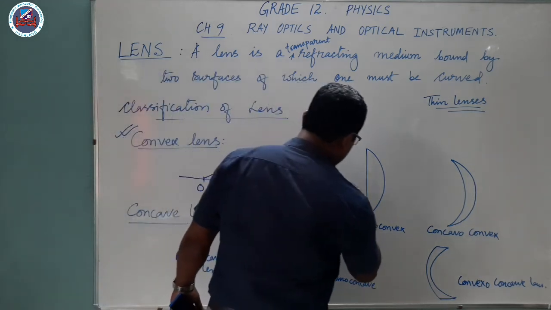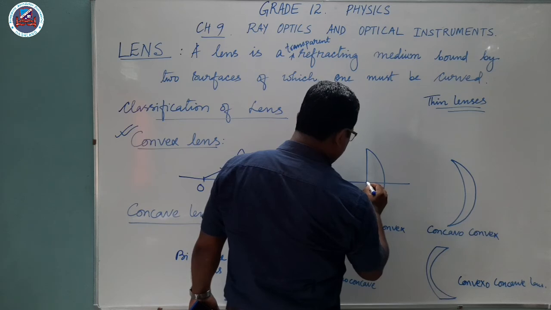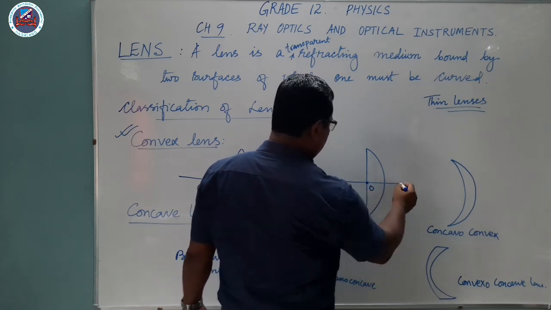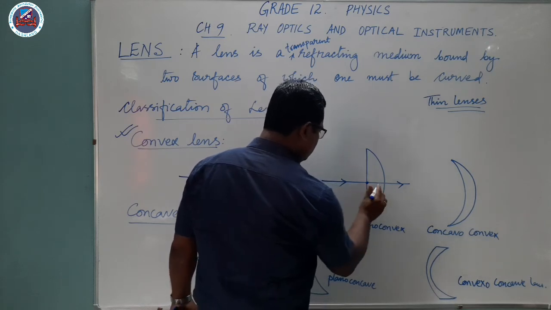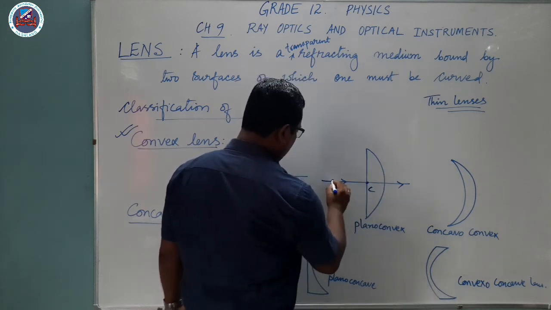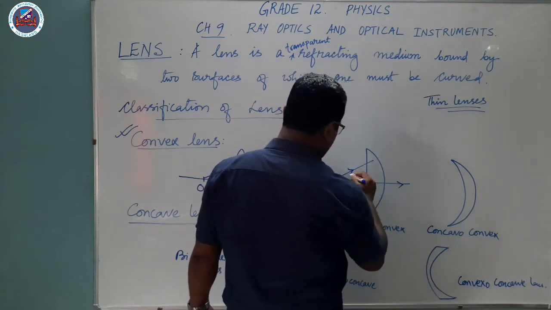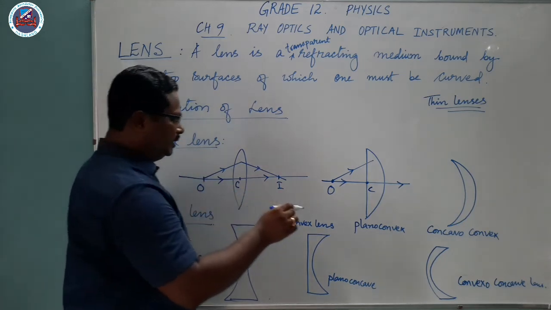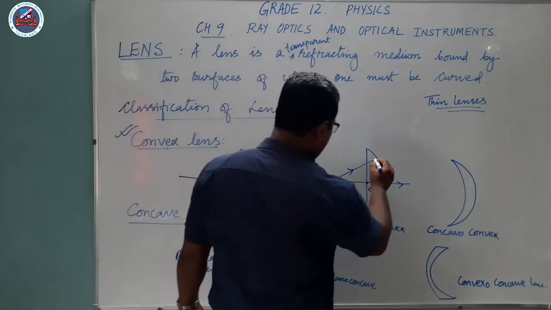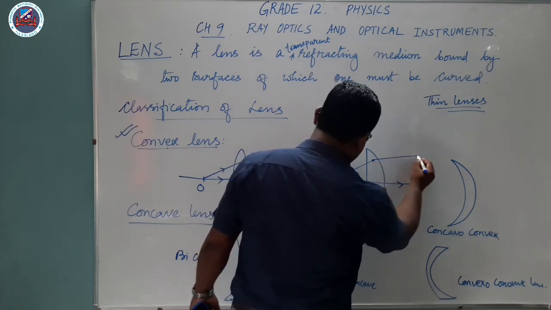Now in this case also, the ray that passes through the optical center goes straight. Again I'm writing O, it should be C suppose. This is the object O. A ray that is passing from the object, if it refracts, as I said, convex means converging nature, it must have. Converging means it won't go straight, it will converge like this.